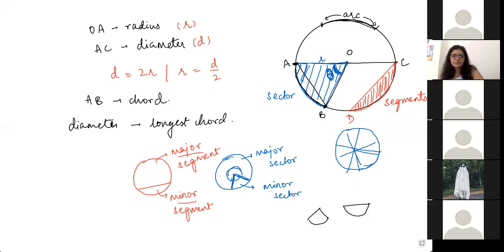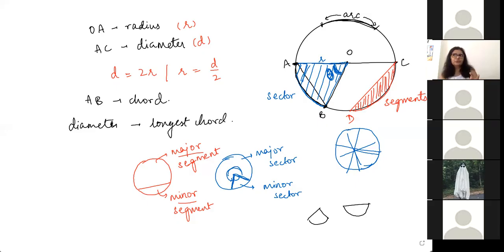This chapter is part of the same unit as your surface area and volume. So you need to learn all the formulas related. That's a small part of it. But 50% of it, if you want to be able to answer questions from this chapter, is going to be understanding the question.